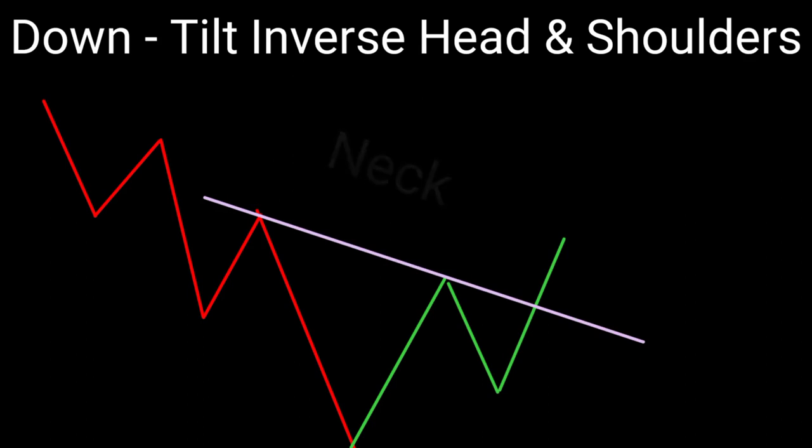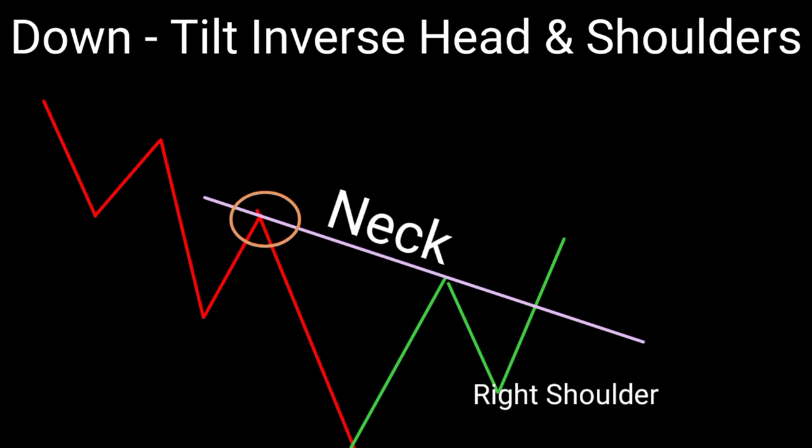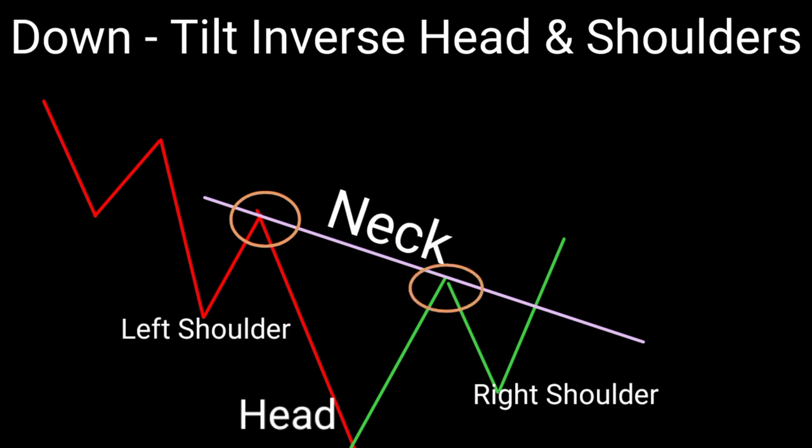The neck region is a trend line connecting this lower high and this lower high. So in this case, we're having a down tilt inverse head and shoulder. It is actually a weaker inverse head and shoulder. The strength of the bulls in this case is not always very strong.